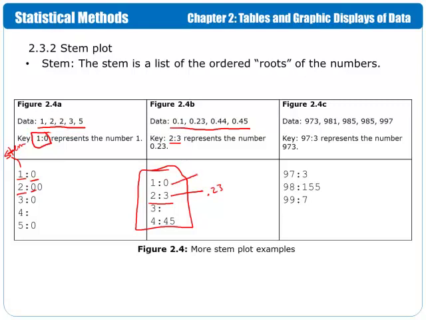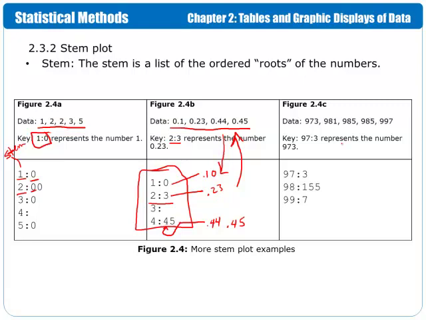So this number right here would be 0.10, and this number right here, well, the first one we would have 0.44 followed by 0.45. Okay, and so that matches up with what numbers we have up here. So these data are represented in this stem plot.